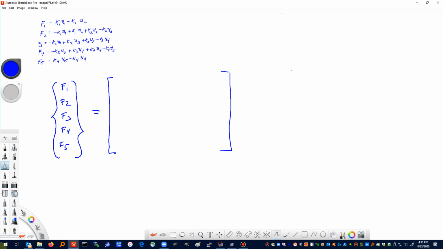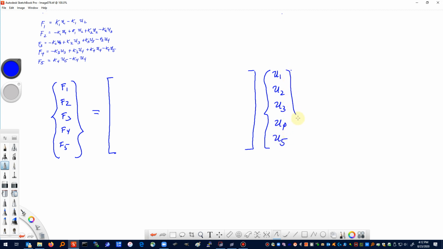So let's give ourselves plenty of room to work. I don't want to get too crazy with it. And then over here is going to be my displacement terms. Displacements of each of those nodes. 1, 2, 3, 4, and 5. Alright, so let's build our matrix based on what we have over here.